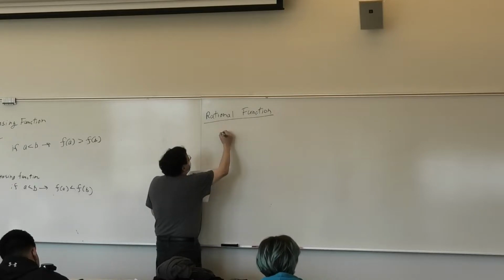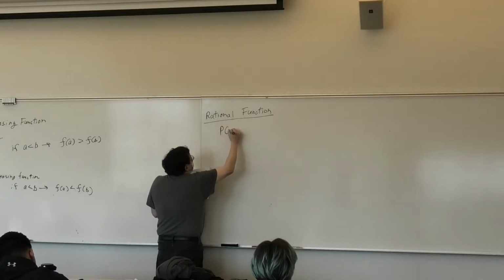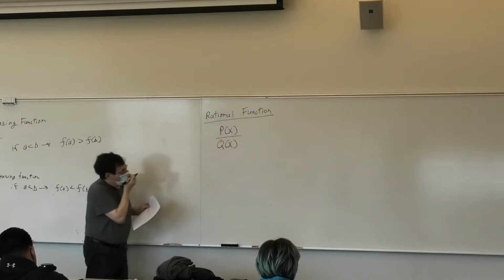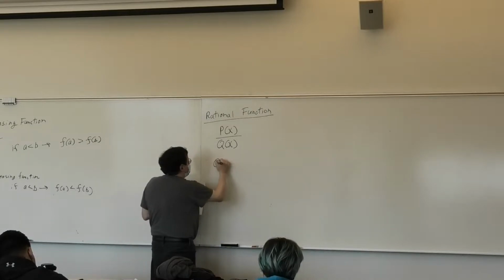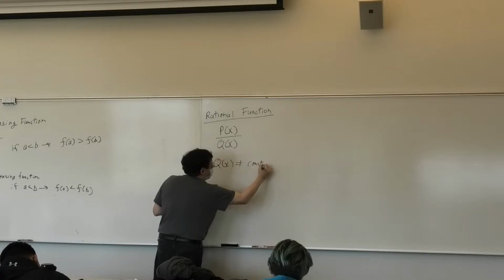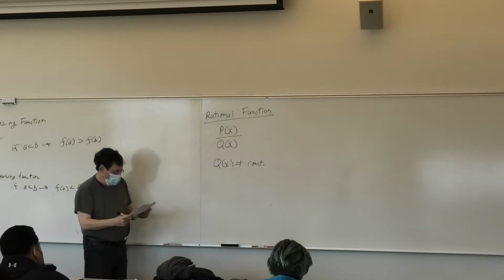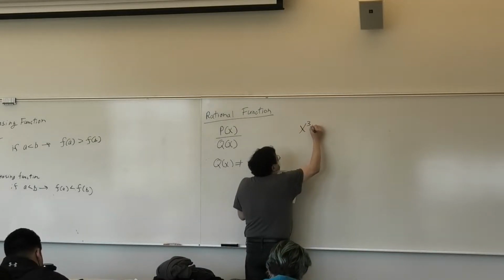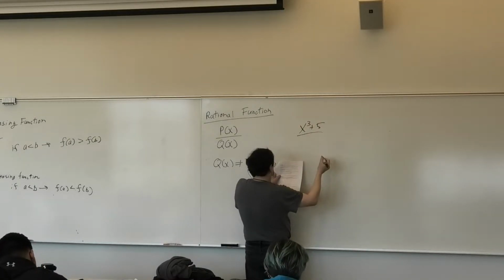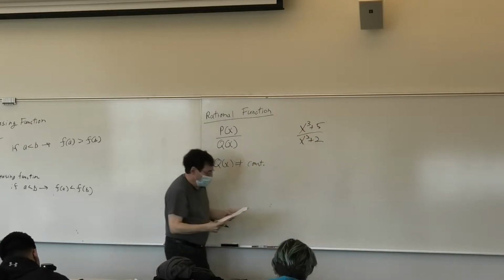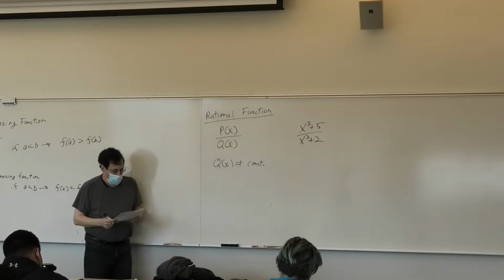And a rational function consists of a polynomial divided by another polynomial, where q is not a constant function. So, for example, x cubed plus 5 over x squared plus 2. That would be a rational function.